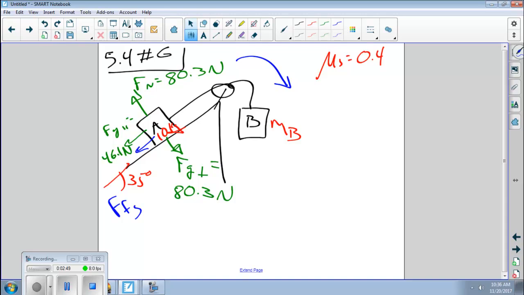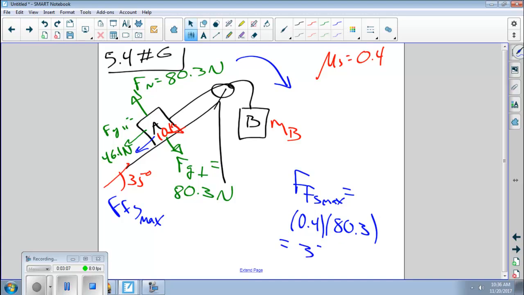And because we're trying to maximize the mass, we also want to maximize the static friction, right? So let's do that. Force of friction static max is our normal force times our coefficient. So 0.4 times 80.3 is going to give us 32.12 or something like that.